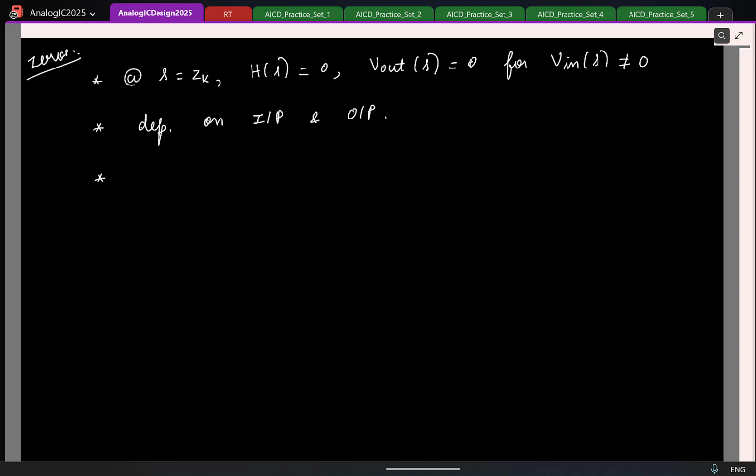And in general, you can have zeros in the circuit because of the following reason. Let us say your output V out of s is some non-zero value V of s. You want to make it equal to 0. What is the simplest linear operation I can do here to make it equal to 0?